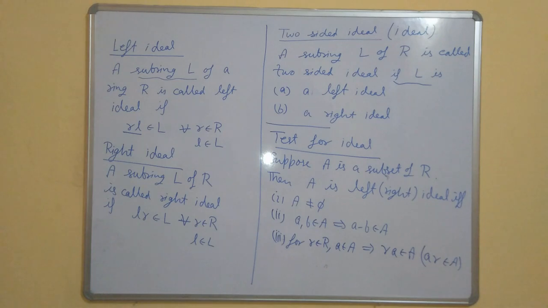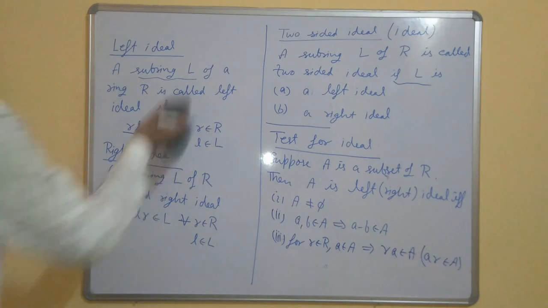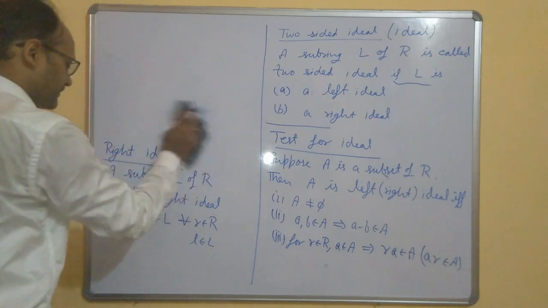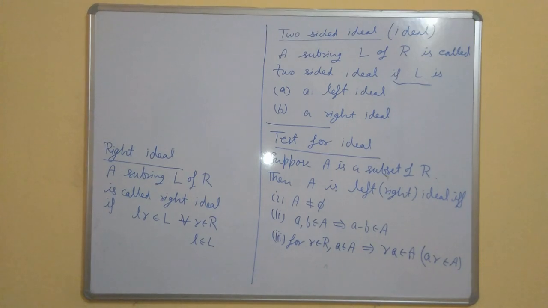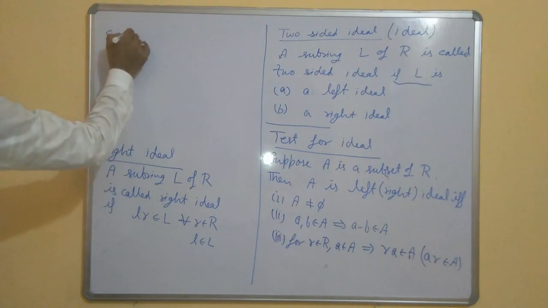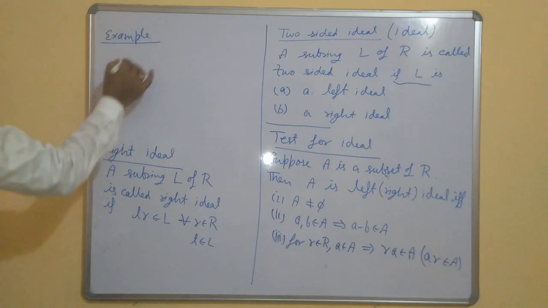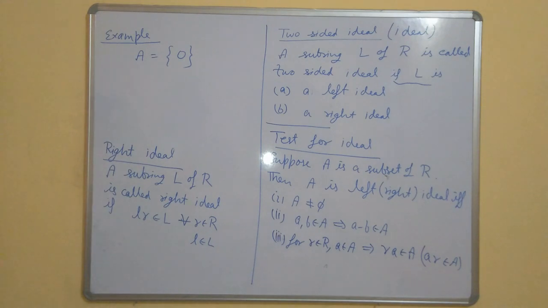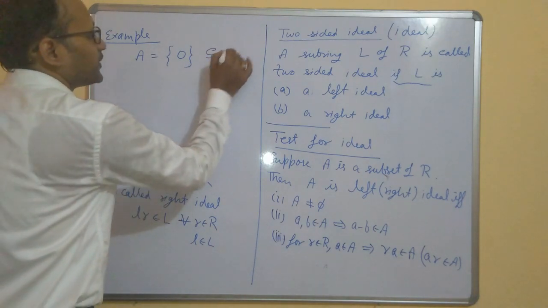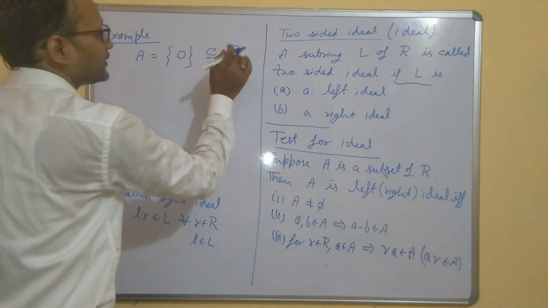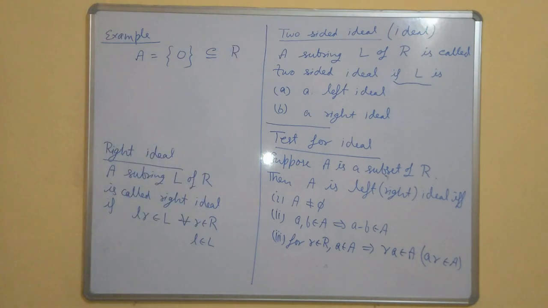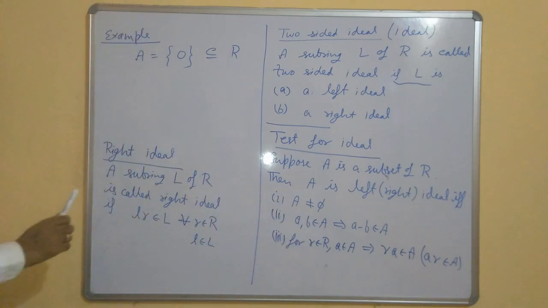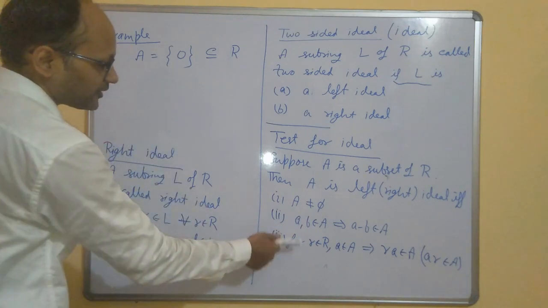So let us see it by example. One of the very easy examples is the trivial subring. Take A to be the zero subring. This R is a ring, and now you can see that A is non-empty. Of course a, b belongs to A, then a minus b is in A. A has only one element 0, so it will always happen.